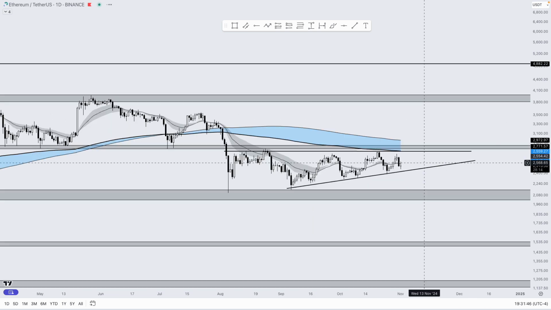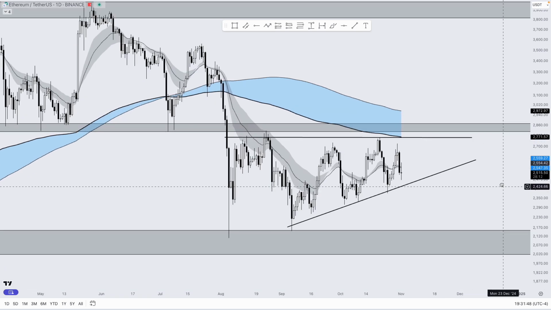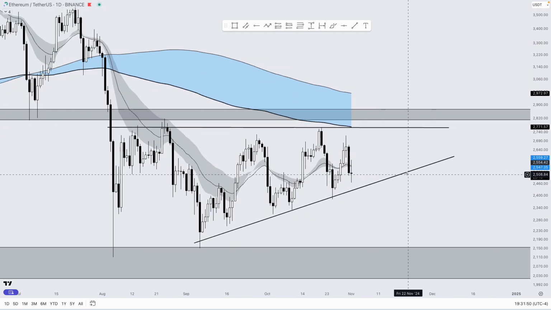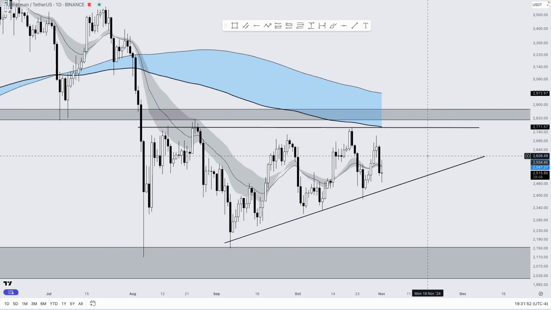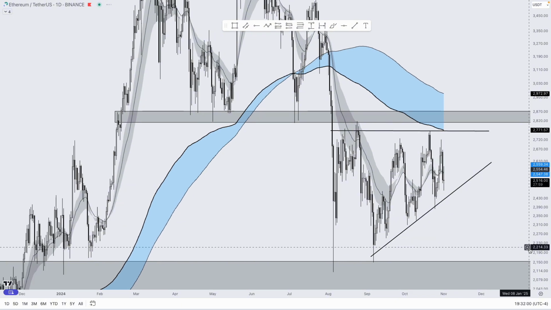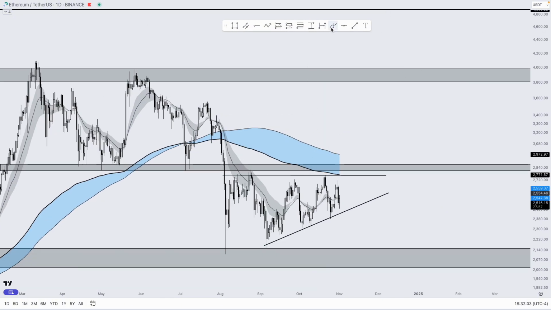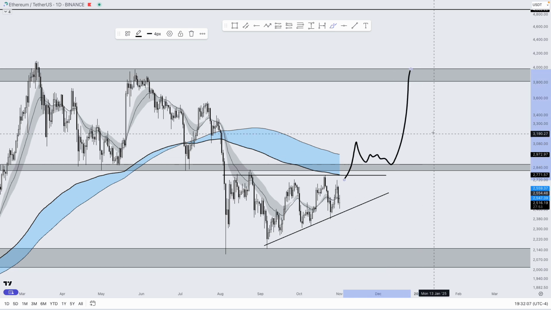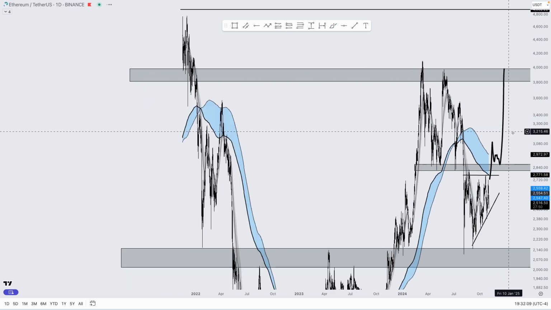But to be honest, I'm just not interested in it right now, because obviously there are more interesting coins out there, and Bitcoin is trending a lot nicer right now. So keeping my attention on Bitcoin for now. If we do want to see continuation higher here for Ethereum, basically what you want to see is some sort of breakout above this area, consolidation, and continuation higher into that 4K level.